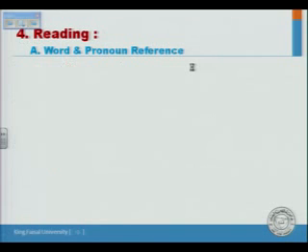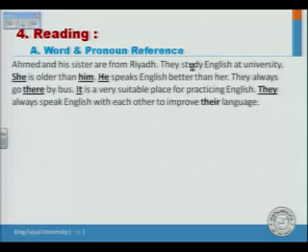And then we will move now to the 4th element of this lecture about reading, and here to start with pronoun reference. Let's have this short paragraph. I don't know whether I gave you it before or not, but let's try to read to help you improve your reading.